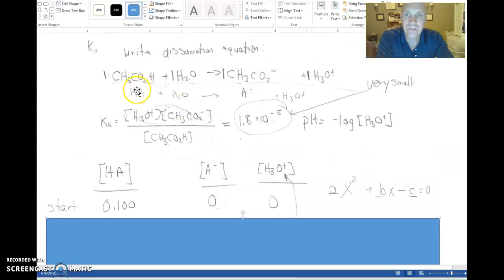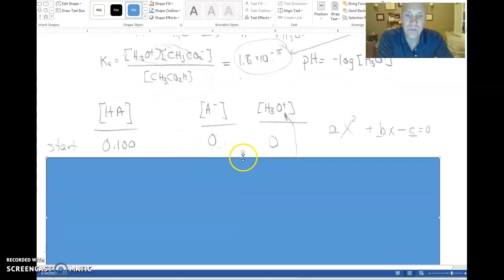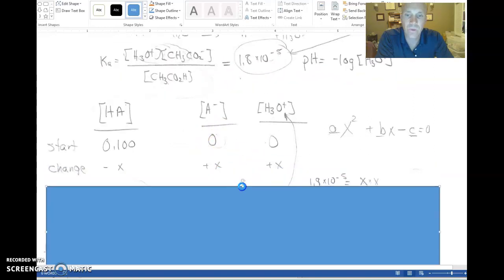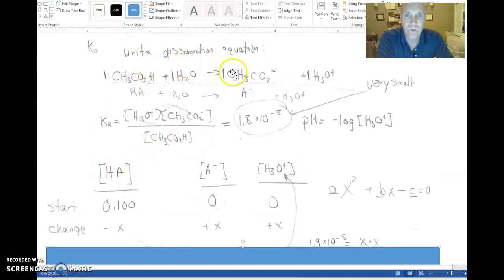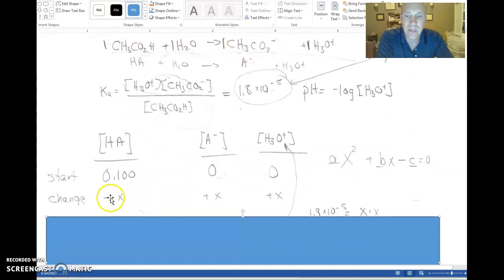Since the coefficients are 1 to 1 to 1 to 1, let's say that we don't know how much of it breaks apart. We can represent the amount that it breaks apart by an X. Since they're 1 to 1 coefficients, every time one HA breaks apart, you generate one A minus and one H3O+.